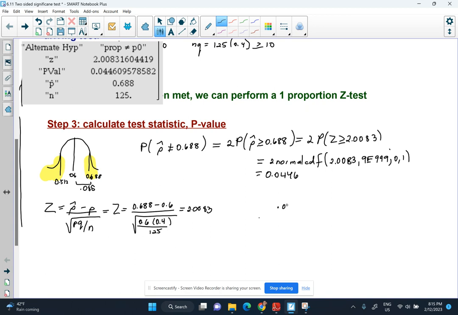So we're comparing my p-value to our alpha of 0.05. And since the p-value is less than 0.05, we're going to reject H0. It's a very small chance of that happening, assuming the null hypothesis is true. And so therefore we reject H0.